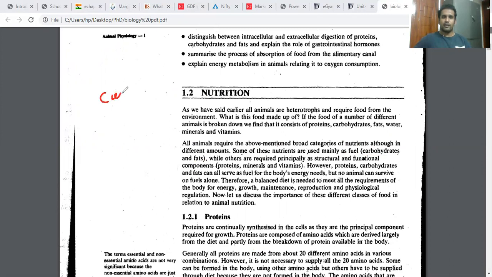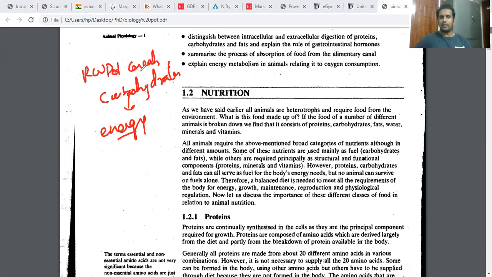Carbohydrates are the prime source of energy in our body. Rice, wheat, potato, all cereals are called carbohydrates. We get carbohydrates like glucose, fructose, sucrose; we will come to those in a short period of time, don't worry.